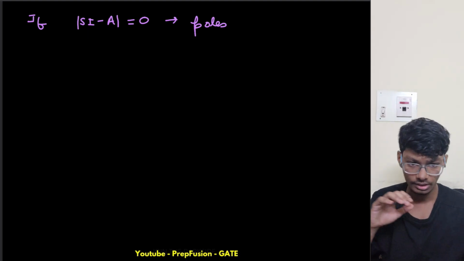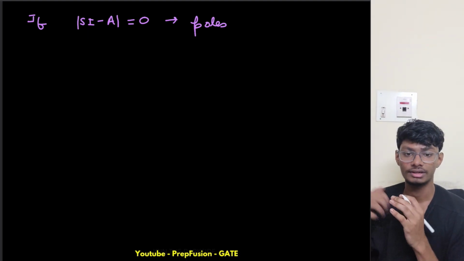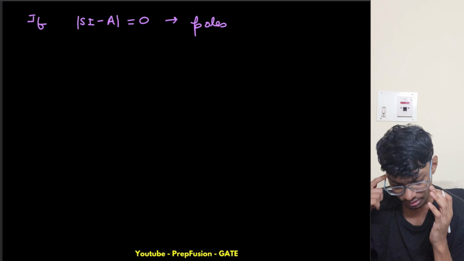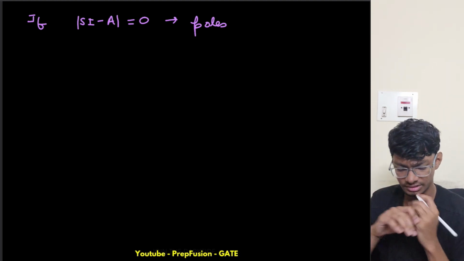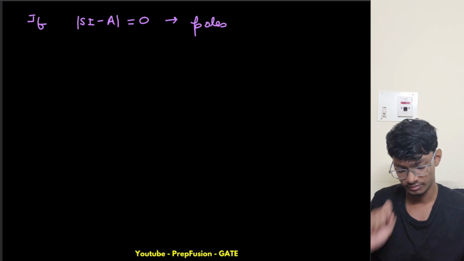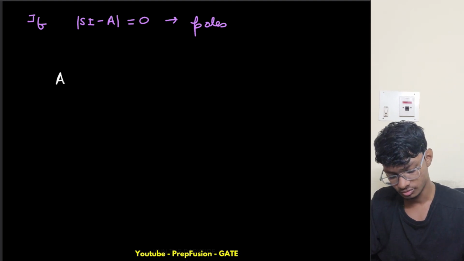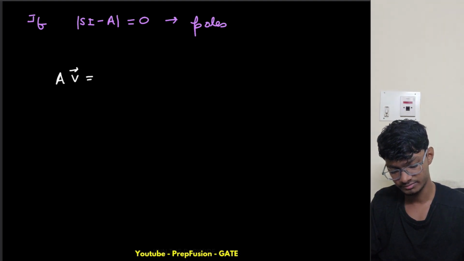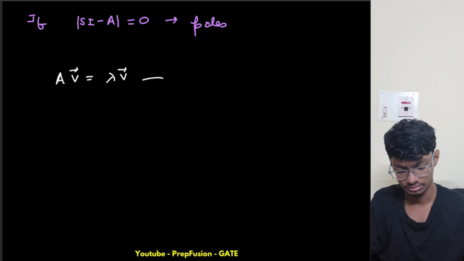What relation can I find from here? Do you remember what I taught you, the eigenvectors? If I have some A times v, and I get lambda v, then v is called the eigenvector.